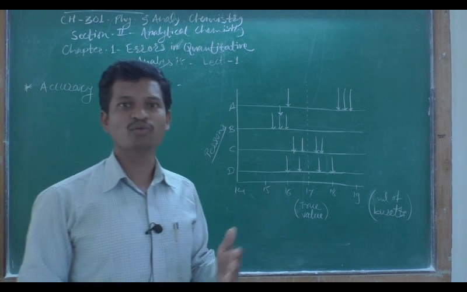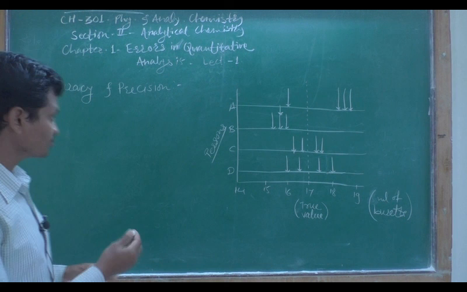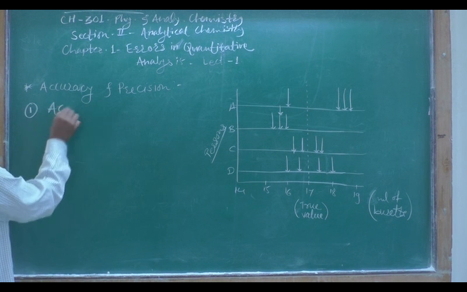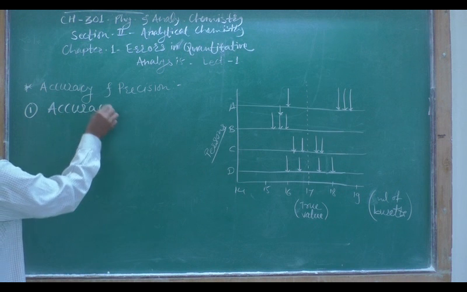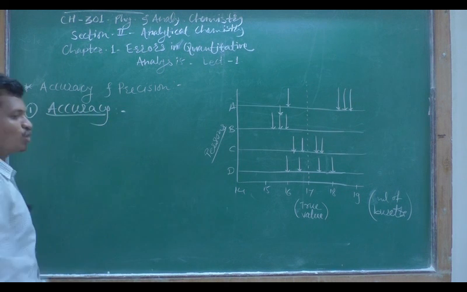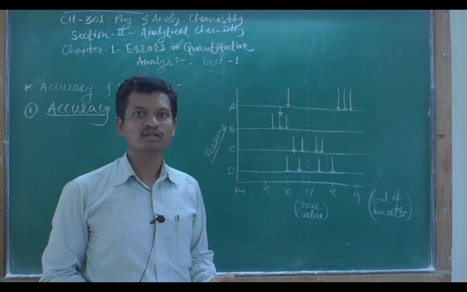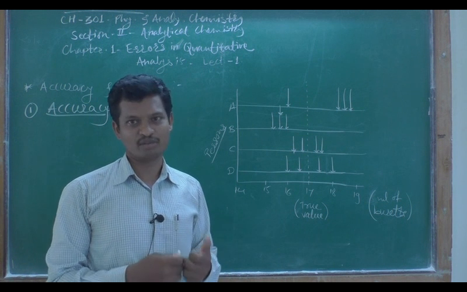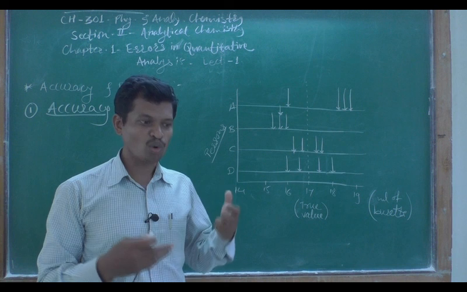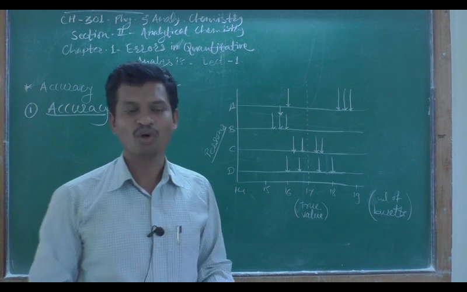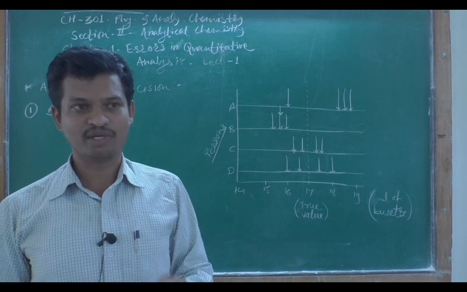First of all, we will see what is meant by accuracy. So what is this accuracy? Accuracy is related to the correctness of the measurement, the closeness to the correct value of that particular measurement.